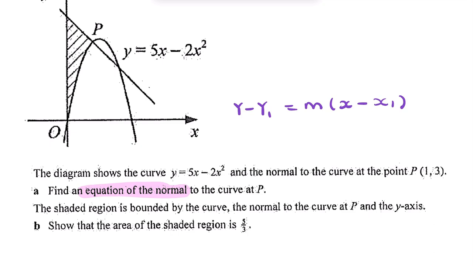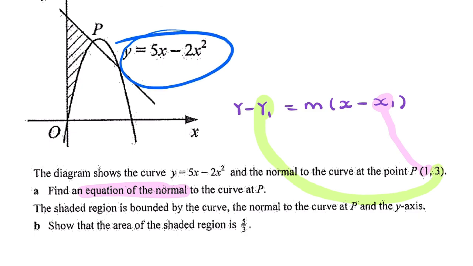And we know x1 is 1, and we know y1 is 3, because that's the given point, but we don't know the gradient. But we know that the line is perpendicular to the graph, or the curve, at that point. So if we can find dy by dx of the graph, we can find the gradient.